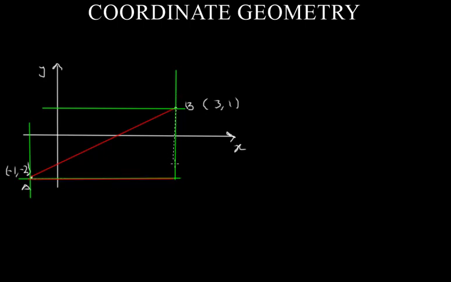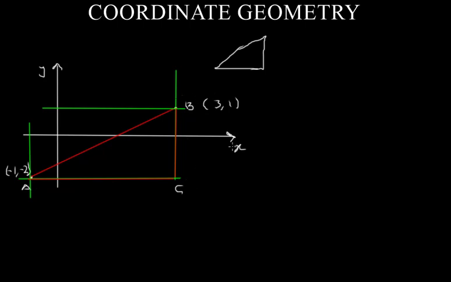Our triangle being in red, we've got triangle A, B, and we would have an imaginary point that we name as point C, where this vertical line and this horizontal line are meeting. And so we have a triangle in such a manner. Can you see it? Triangle A, B, C.